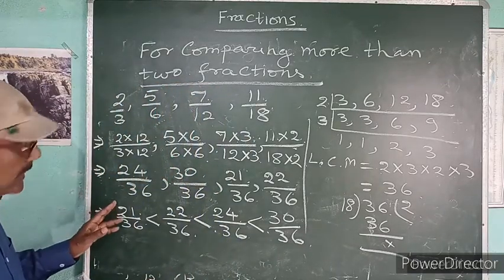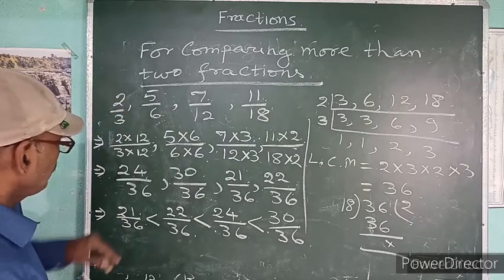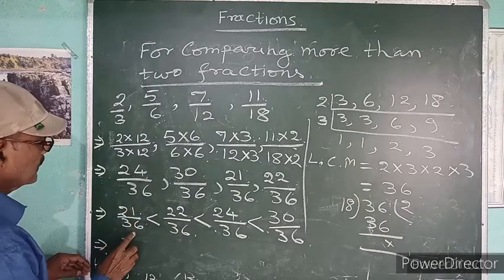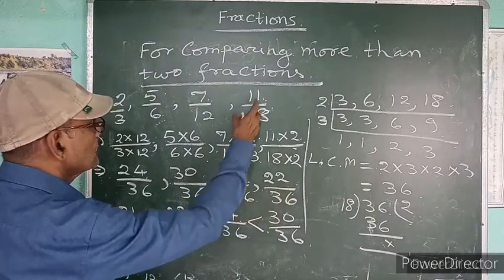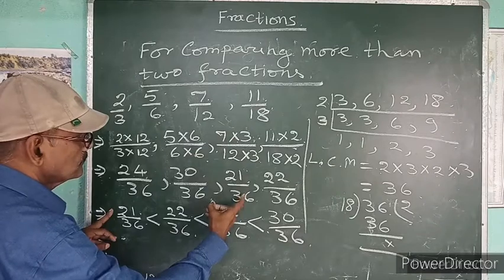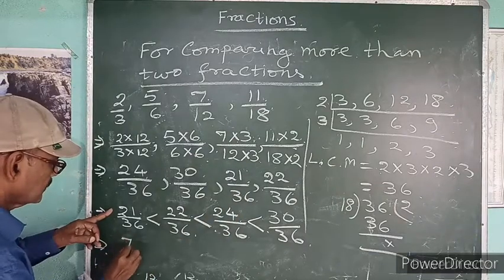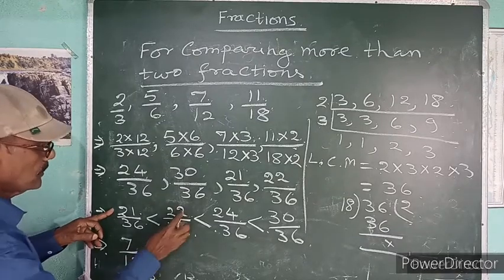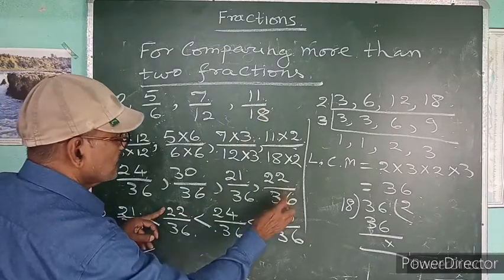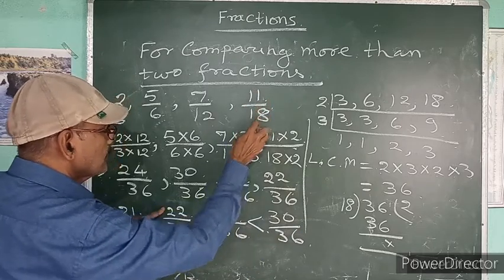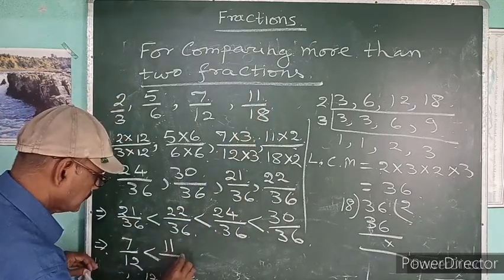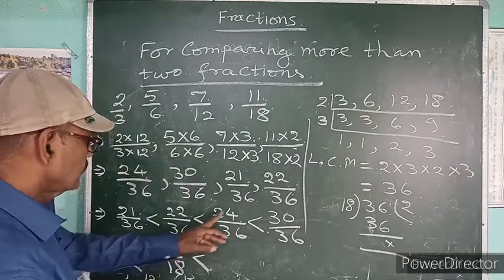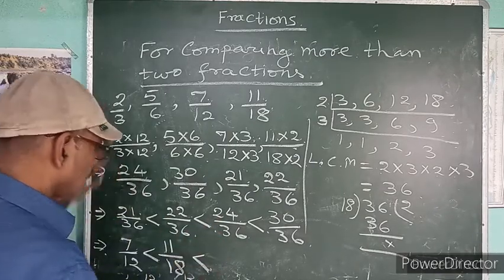Now we can bring them back to the original form. 21 by 36 is equivalent to 7 by 12. 7 by 12 is the least fraction. Then 22 by 36, which is equal to 11 by 18. Then third one is 24 by 36, 2 by 3.